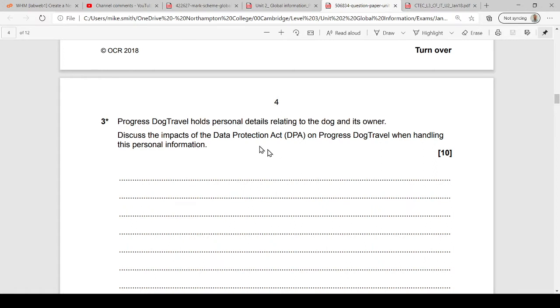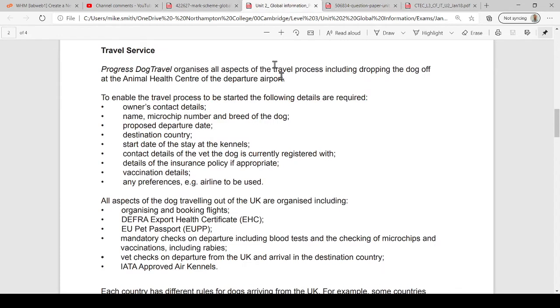It's asking us to discuss the impacts of the Data Protection Act. Questions on the Data Protection Act come up quite regularly on these exam papers because legislation's a big chunk, obviously, of information and the sharing and storing of global information. So this particular exam was based on a case study about a travel company that sent information about people's dogs and quarantine and paperwork, etc., around the world.